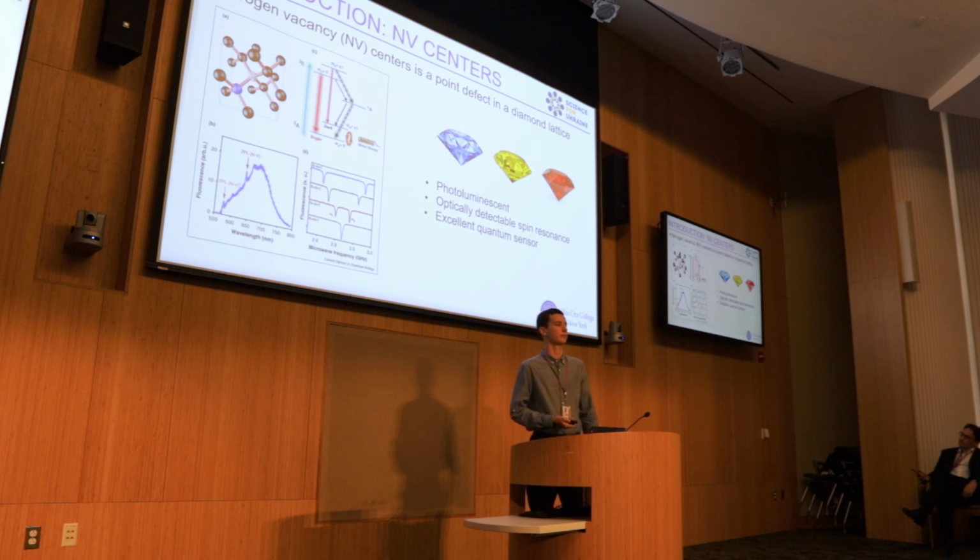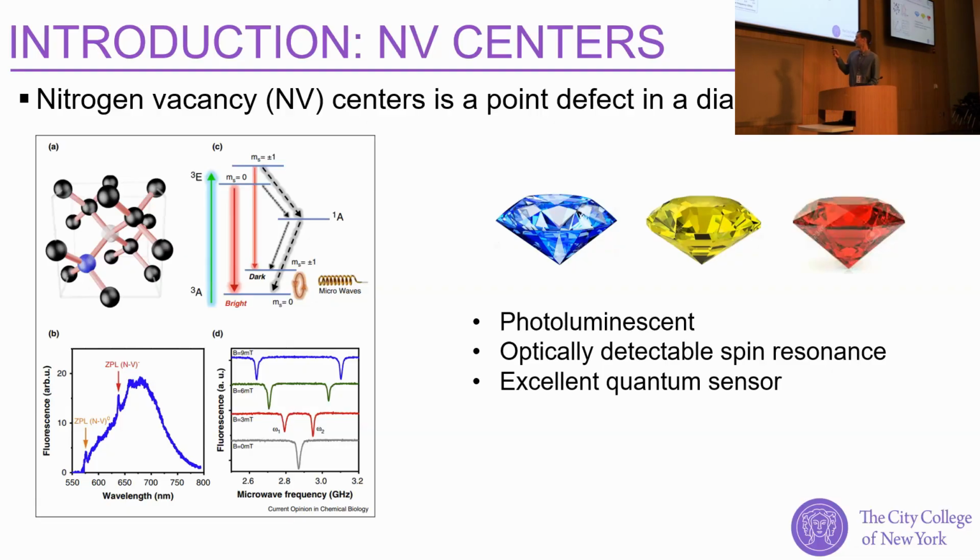Okay, so one of its main properties is that it is photoluminescent. So if you shine on it with some light, electromagnetic waves, which happen to be light that has a wavelength with a green color, then it emits red color.